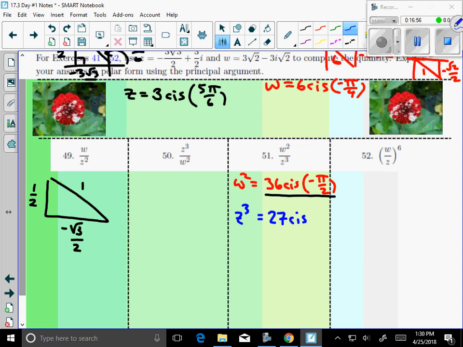Cis. I'm going to reduce. If I multiply this by 3, what would happen? I get 5 pi over 2. Agreed? That's equivalent to pi over 2. So I could leave this as pi over 2.